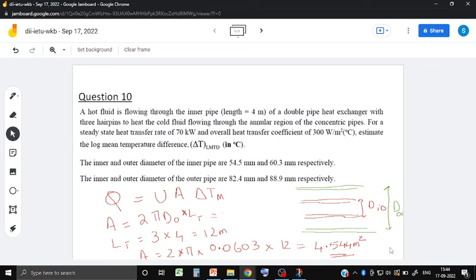Next we need to find the LMTD from these values. Total heat transfer is given as 70 kilowatt.